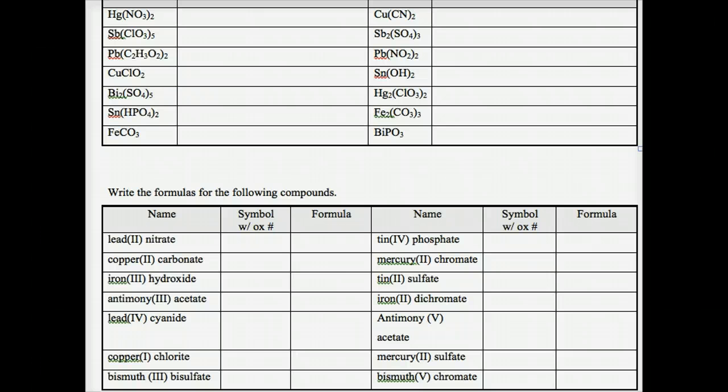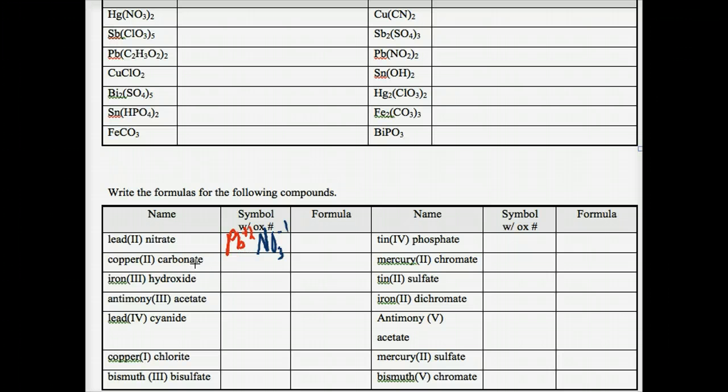For example, let's start with the first one. I'm dealing with lead 2 nitrate. Why is it easier? Because the Roman numeral says it's plus 2. I don't have to look that up. I don't have to worry about what lead's charge is because it says it's lead 2, it's plus 2, it's done. Nitrate, of course, is NO3 minus 1.